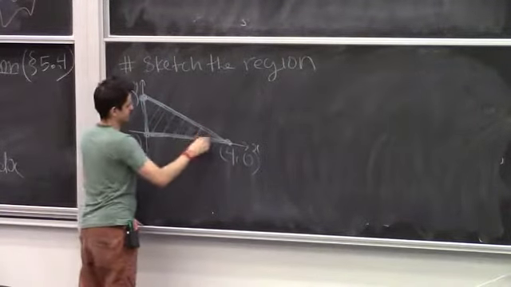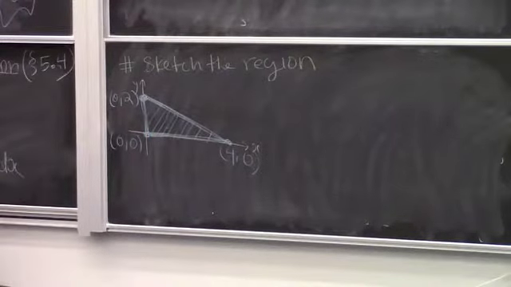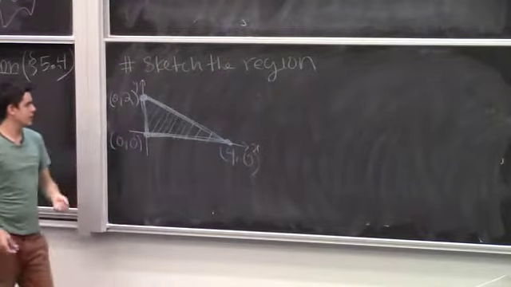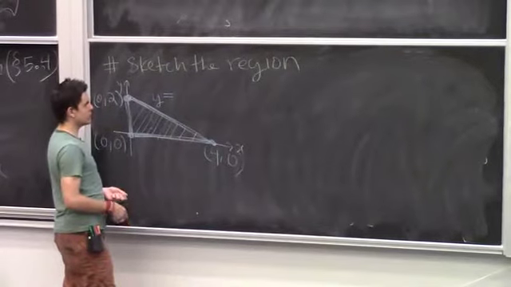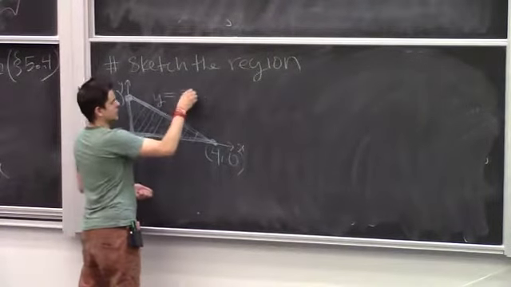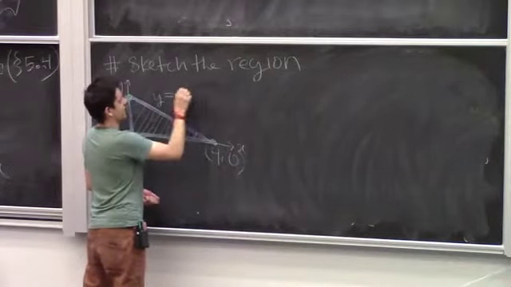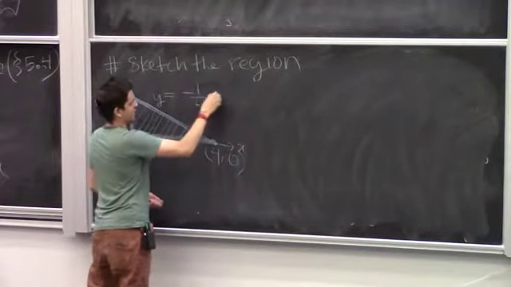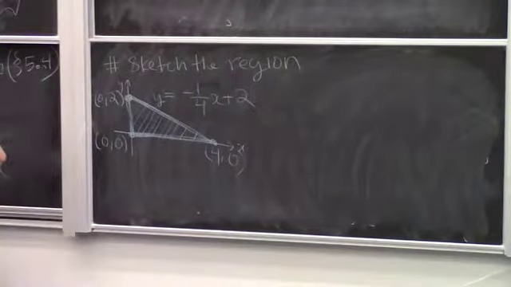Okay, and now we have to give a name to this line here. So our line will be y equals negative a quarter x plus 2.